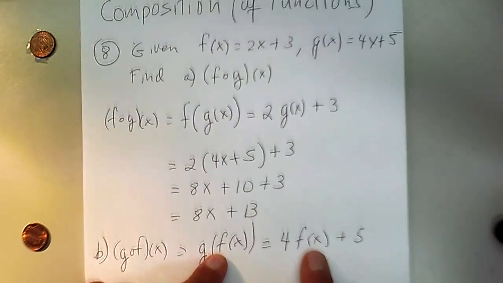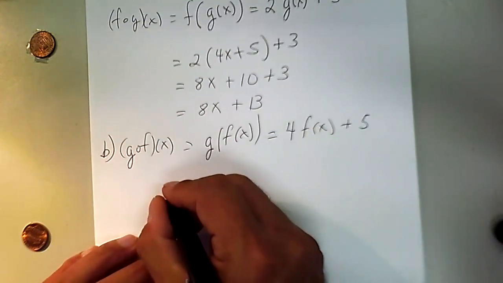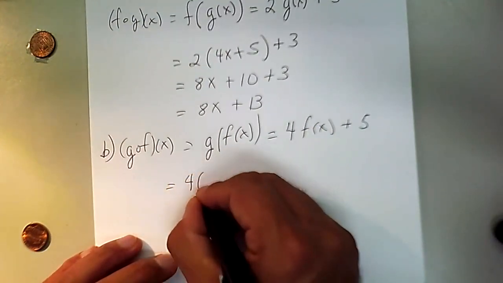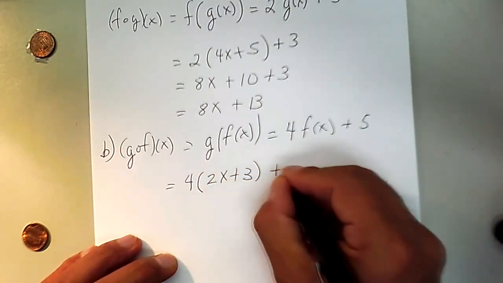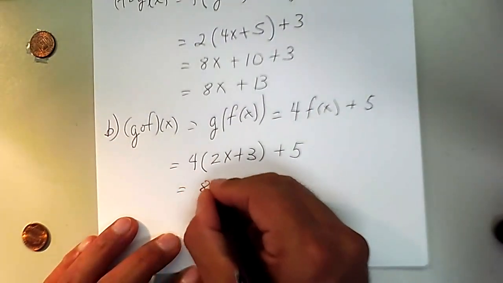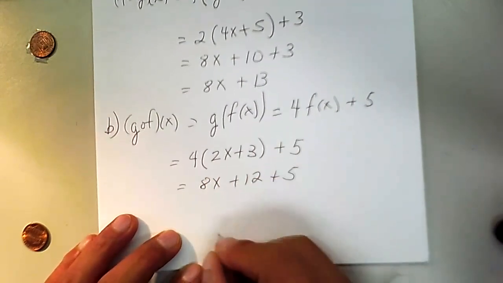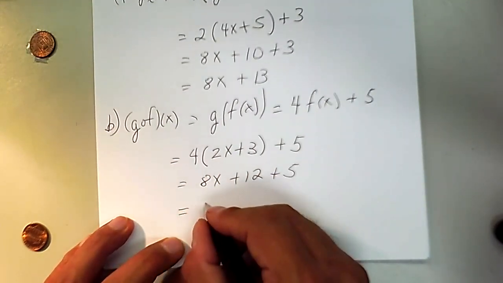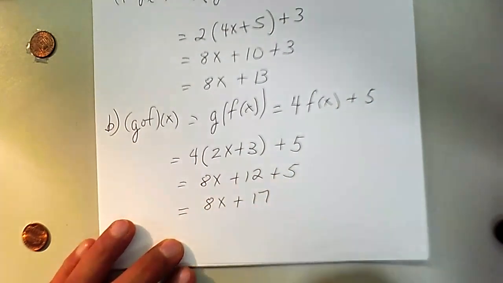In turn, f is 2x plus 3. So this is 4 times quantity 2x plus 3, and then add 5. Well, that is 8x plus 12. Still add 5. And that gives us 8x plus 17.